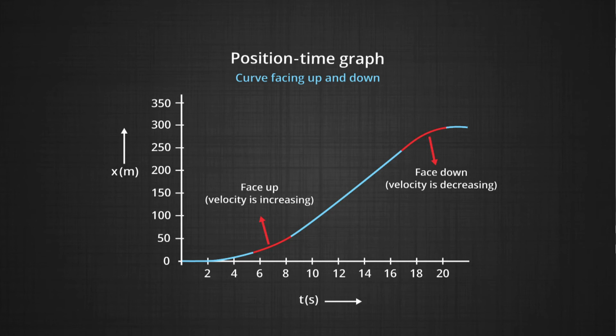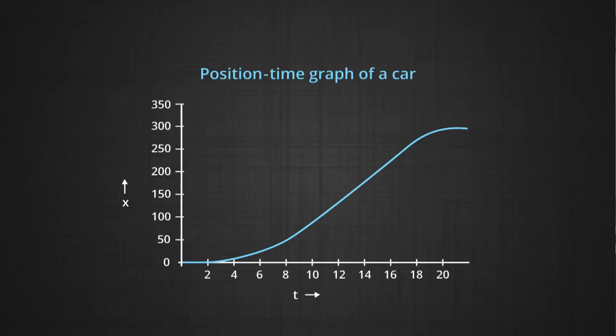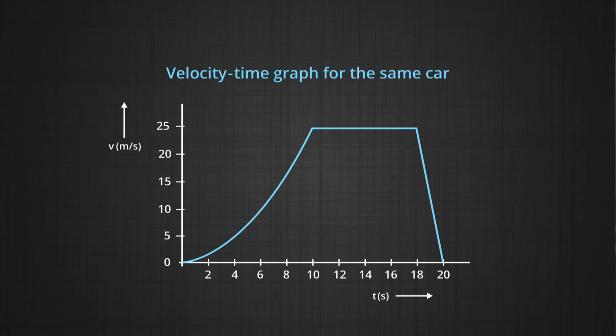So, at a glance from a position-time graph, you can predict whether the object is moving with constant velocity or with increasing velocity or with decreasing velocity, as we considered for the car. We drew the position-time graph for the car, and consequently also drew the velocity-time graph for the same car and matched the two to show how this was possible to see at a glance.